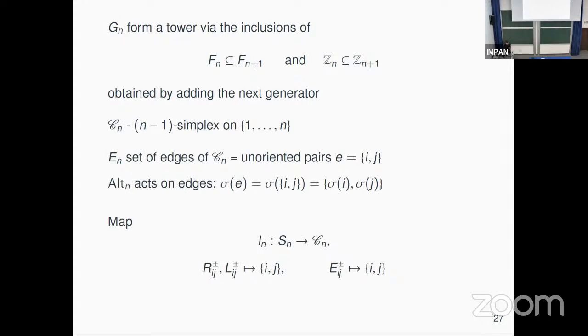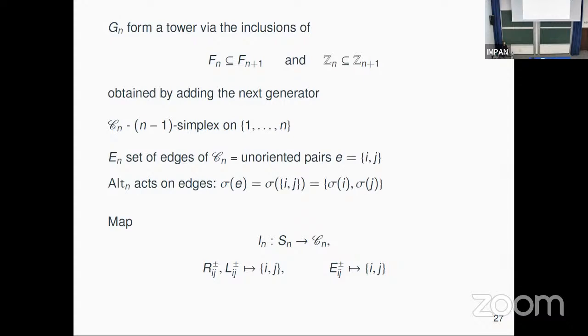And then what I want to do is look at a simplex. These generators are indexed by pairs of numbers from the set 1 through n. I'll use a simplex to visualize what's happening here.